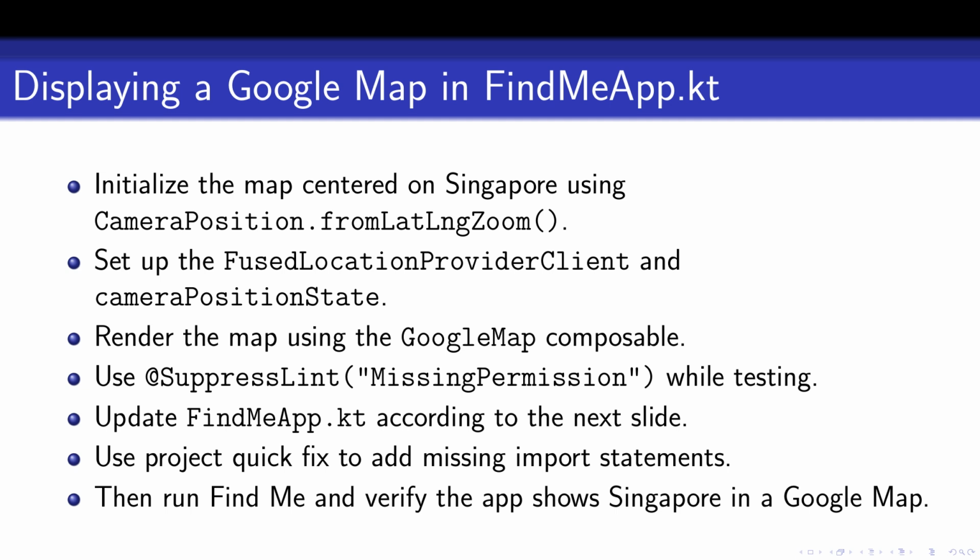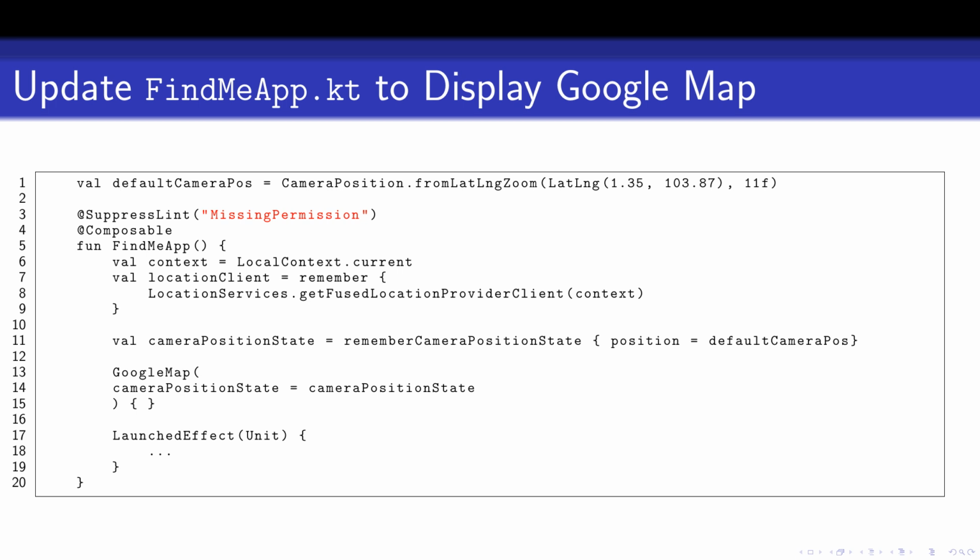While testing, you may suppress missing permission warnings with @SuppressLint with "MissingPermission" as input, but this should be removed or properly handled in production code. In this code update, you flesh out the FindMeApp composable to wire together all necessary components for showing the Google Map.